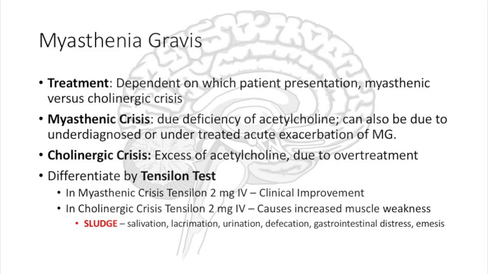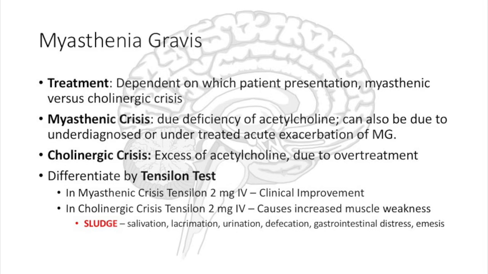Treatment for myasthenia gravis depends on which presentation they're coming through. This can be myasthenic versus cholinergic crisis. Myasthenic crisis includes a deficiency of acetylcholine, which may be due to underdiagnosis or undertreatment and acute exacerbation of myasthenia gravis. And a cholinergic crisis includes an excess of acetylcholine due to overtreatment.